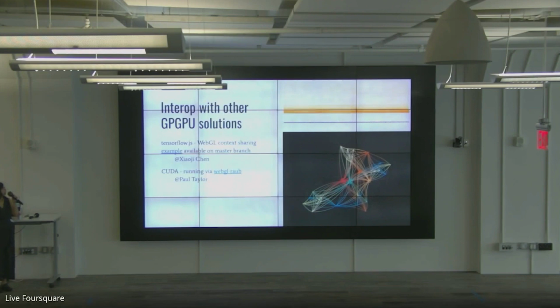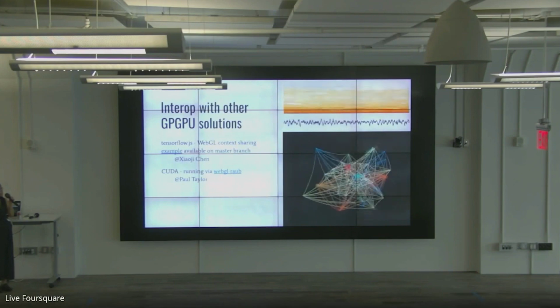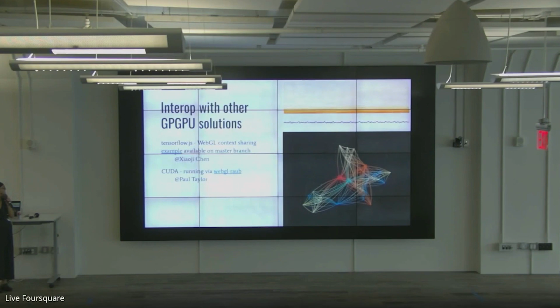It basically uses TensorFlow for a lot of data aggregation and processing, and then hands that directly back to DeckGL without reading it out from the GPU and directly renders it to screen. You will hear from Paul later today about using DeckGL and CUDA together, again sharing memory between the renderer and the GPU, and letting the GPU do the heavy lifting of data processing.